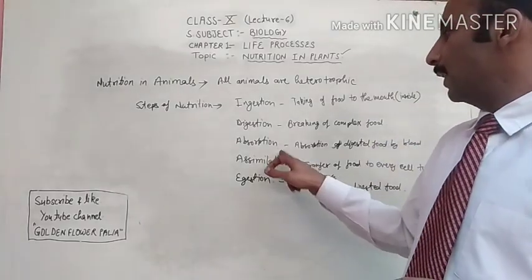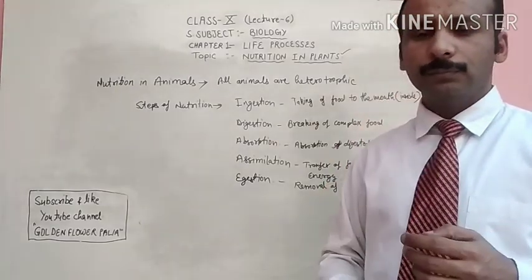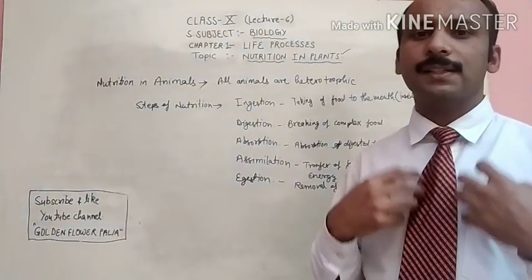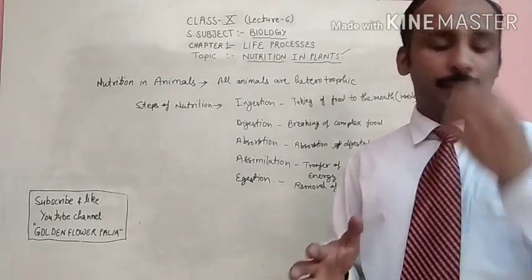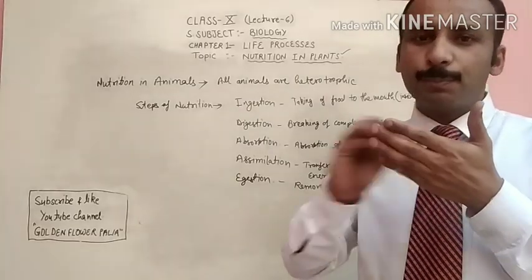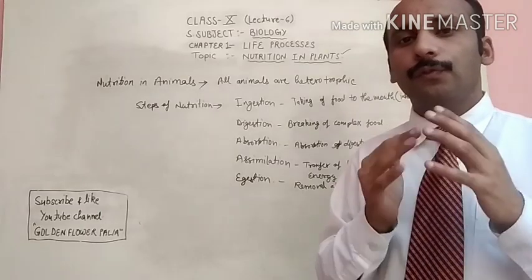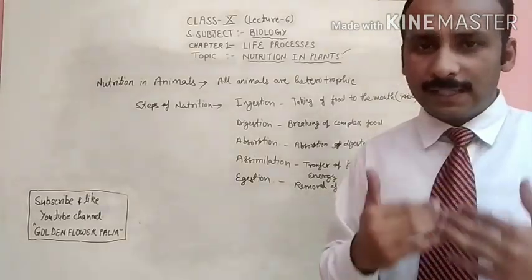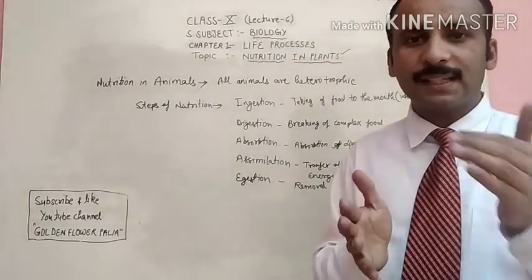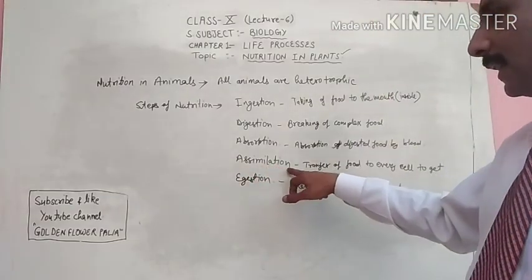And assimilation, because you know very well we have taken the food and food is present in our stomach or small intestine, or you can say the digestive system. Food is digested in our digestive system, but that food is utilized by each and every cell of the body. So transport of the food from the digestive system to each and every cell of the body through the blood, and utilizing that energy by the process of oxidation, that is the respiration part, is called assimilation.